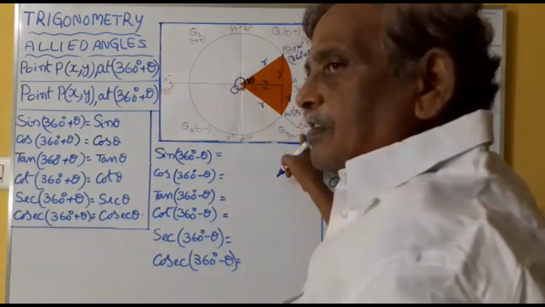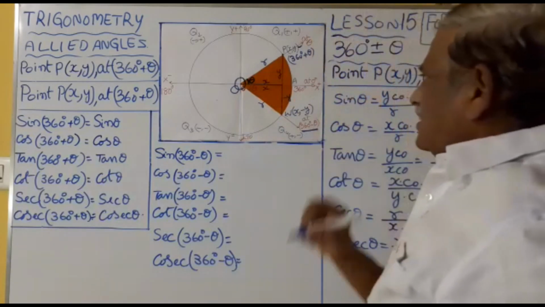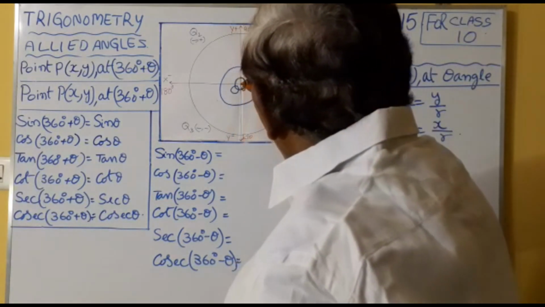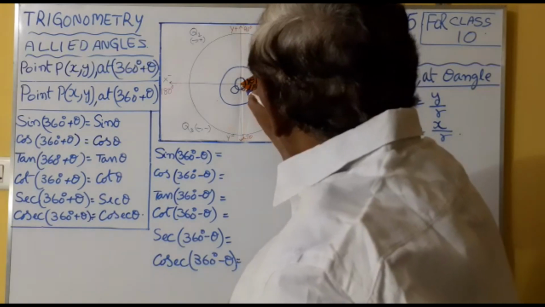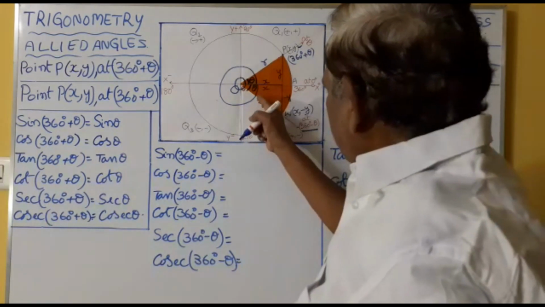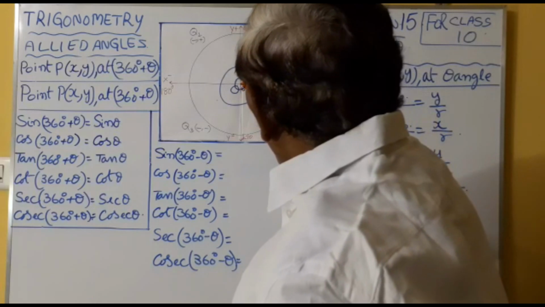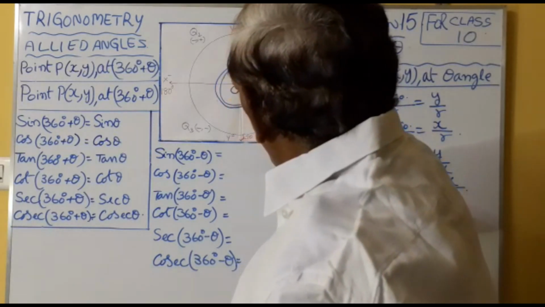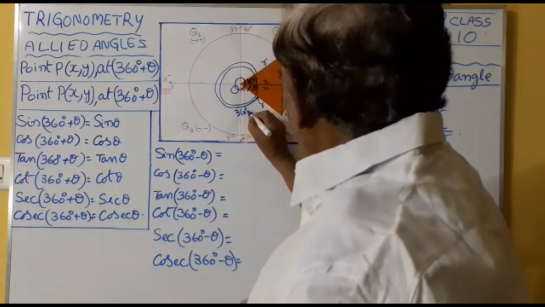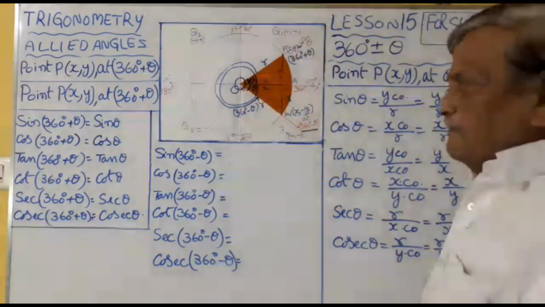The OW ray is at an angle 360 minus theta, because the complete angle is 360 and this is angle theta. The remaining angle after subtracting this theta from 360 is 360 degrees minus theta. Therefore, this represents 360 minus theta.